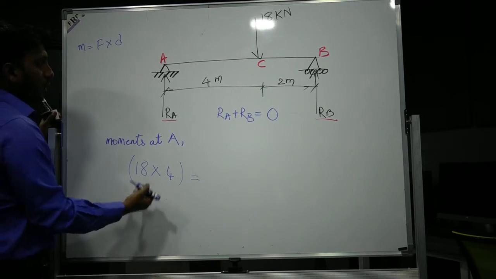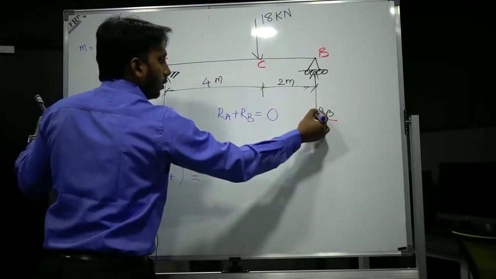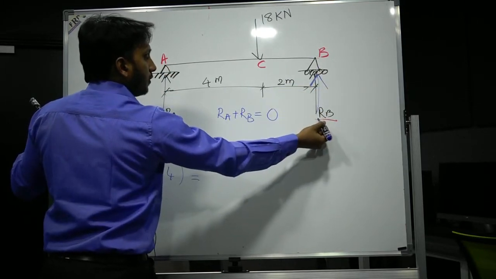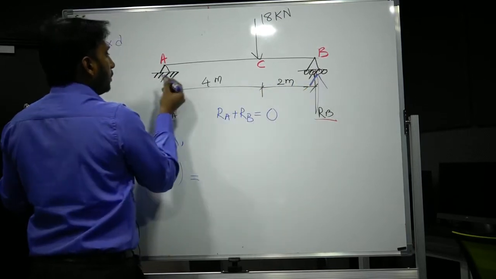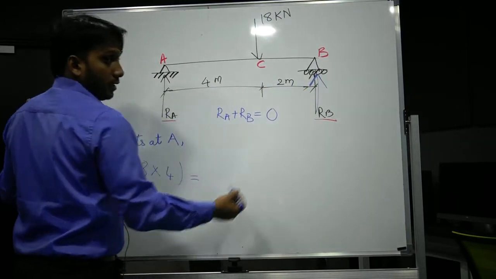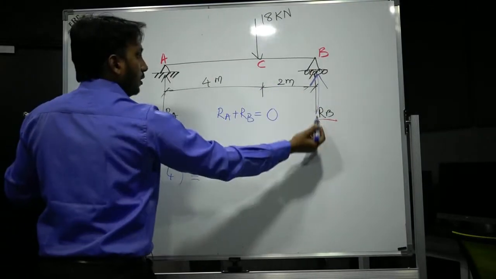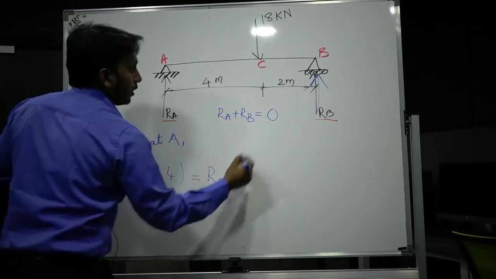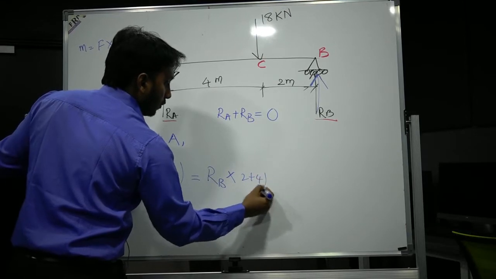So this is a clockwise moment, 18 multiplied by 4. If you go with anti-clockwise, RB is the force acting anti-clockwise, force into distance. When we are taking moments at A, we are taking RB into the total length, 2 plus 4.